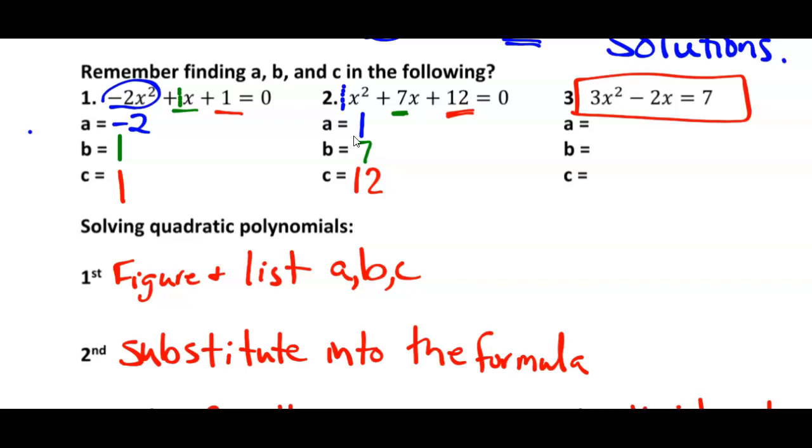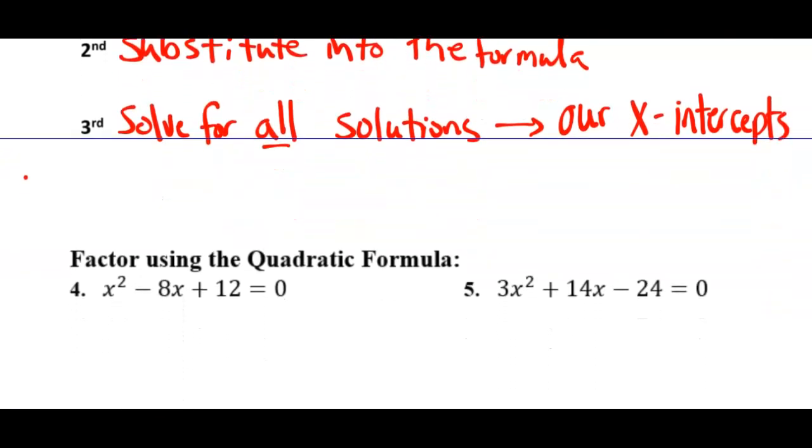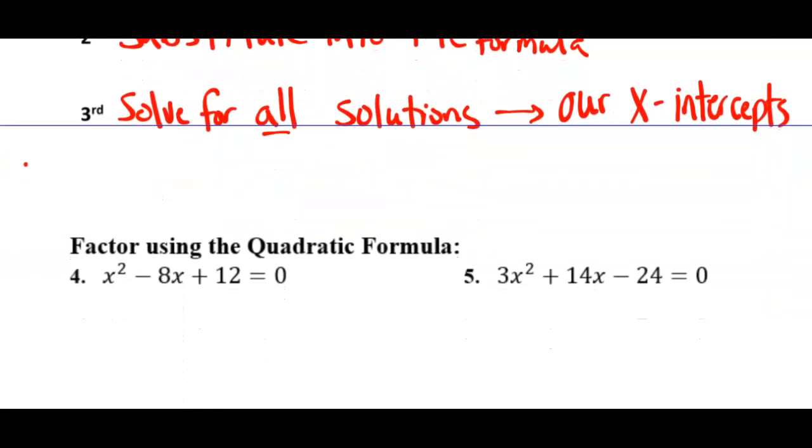We'll talk about what that is in a second. Our next step is to solve for all of our solutions or our x-intercepts. As you recall, those are our solutions from the last lesson.